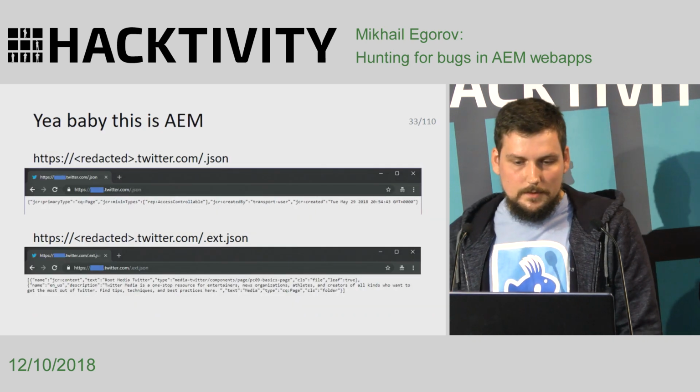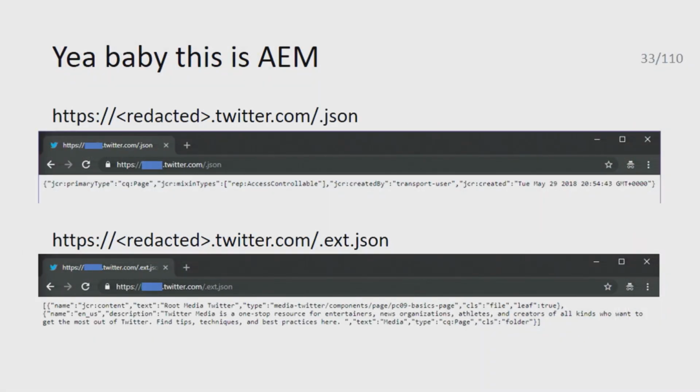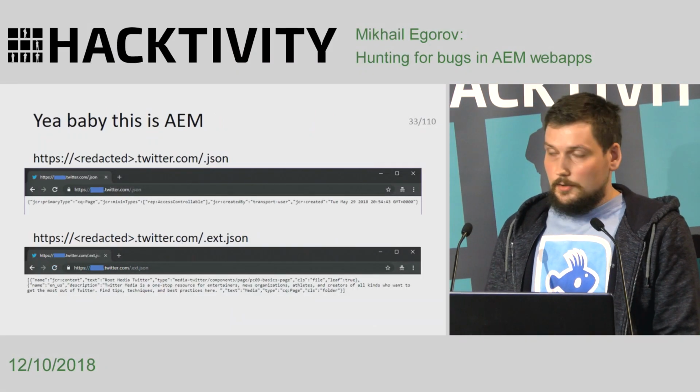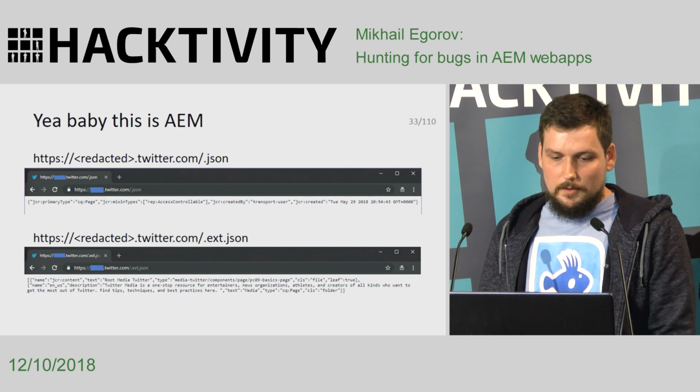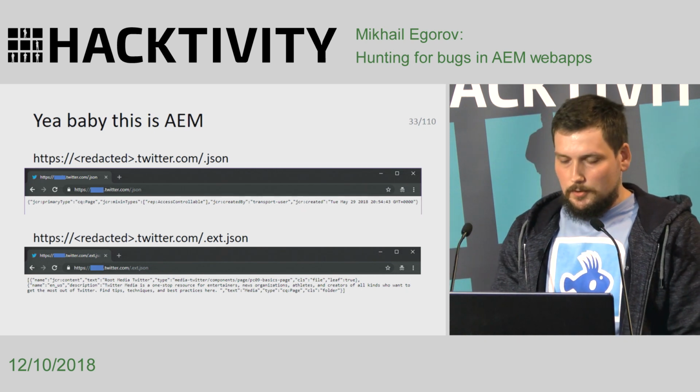For example, several Twitter subdomains are running Adobe Experience Manager. When we access /.json, we see a JSON response with properties like jcr:createdBy. When we access /x.json, we see a JSON response that contains values like jcr:content or cq:Page. And that's a clear indication of a running AEM web application.